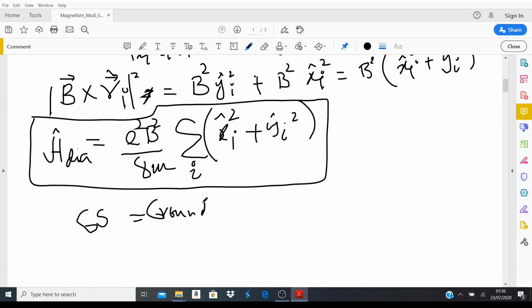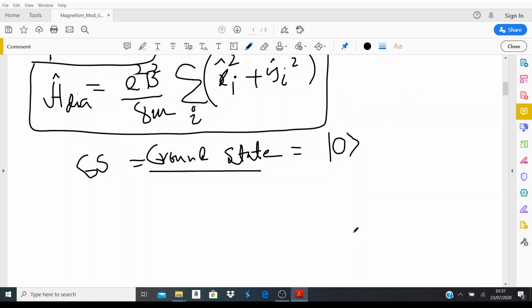So we have some ground state, and usually we denote this ground state by a ket vector, because it's a state of the system, it has to be a ket vector, and the fact that this is a ground state is denoted by putting a 0 here, right? So that's our ground state. Corresponding to this ground state, we have a corresponding bra ground state, which is 0 pointing this way.